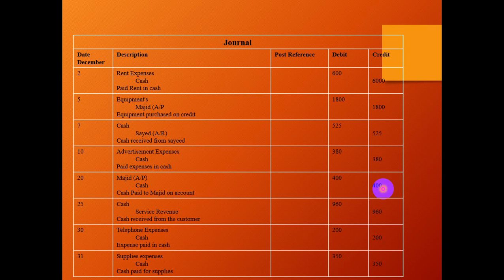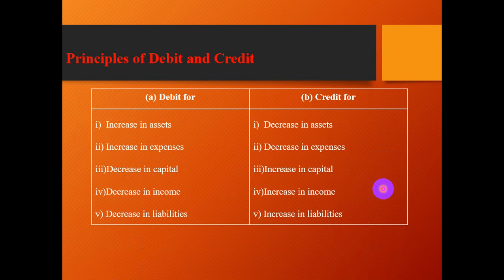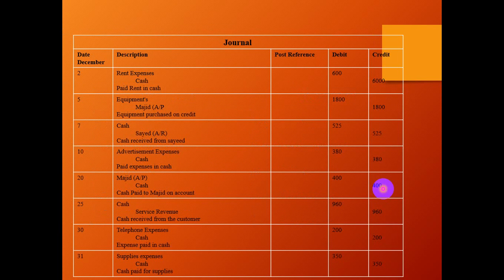When I am providing more service, my income is increasing, and on the other hand my cash is increasing. So an increase in asset has a debit balance, and an increase in income has a credit balance, right? So this is how to apply it.